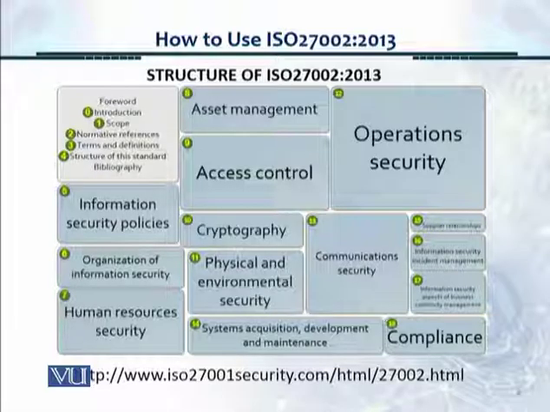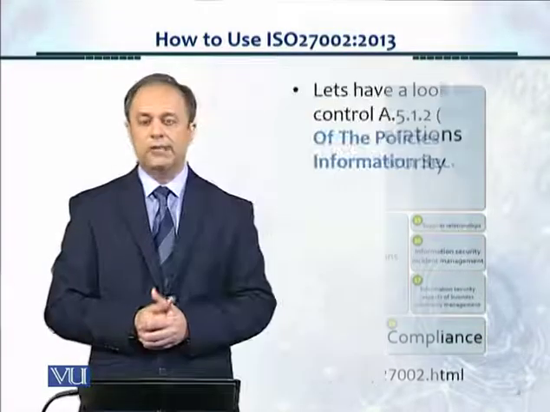A.9 in 27001 will be numbered control set number 9 in 27002, and 9.1.1 control in 27001 will be numbered 9.1.1 in 27002. So it's very easy, and let's take a look at how we can work with 27001 and 27002 and cross-reference.